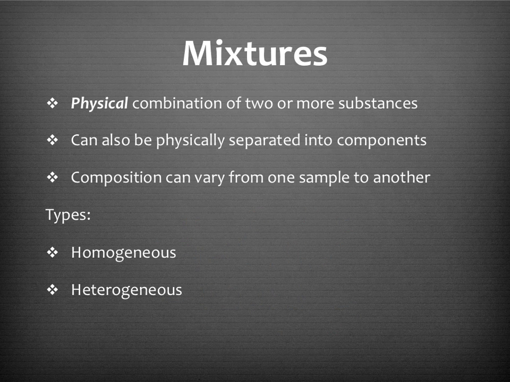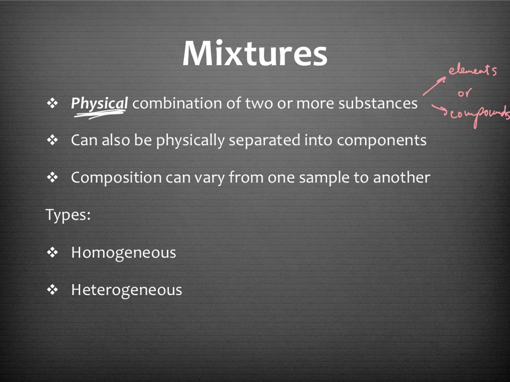All right, mixtures. These are physical combinations of two or more substances, could be elements or compounds. So they have to be different types. They can also be physically separated into components.